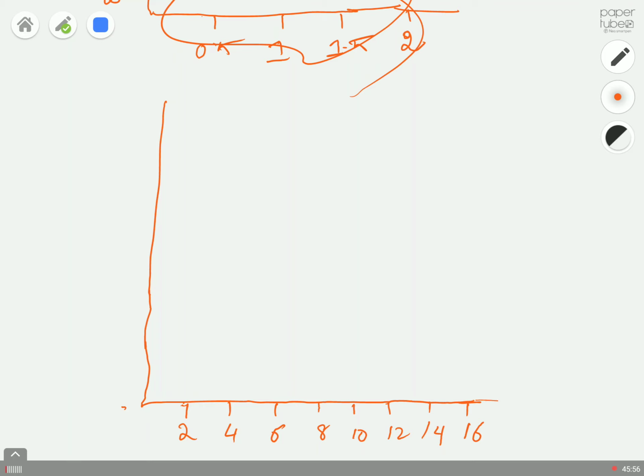We have the maximum value in x around 16, I think. Yes. No, I think this one is correct.